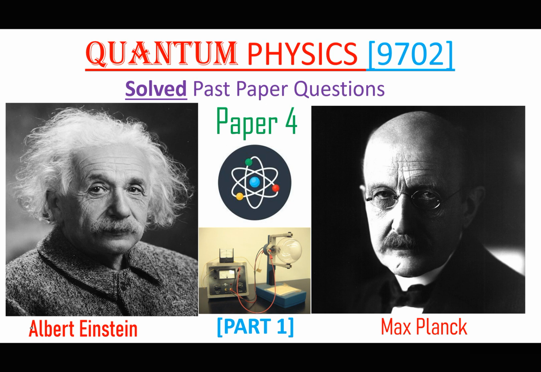So we concluded that energy of electromagnetic radiations is always quantized. In other words, it comes in smaller packets. That is actually what we call quantum physics. The energy of electromagnetic radiations always exists in small packets. That is, we say it is quantized.